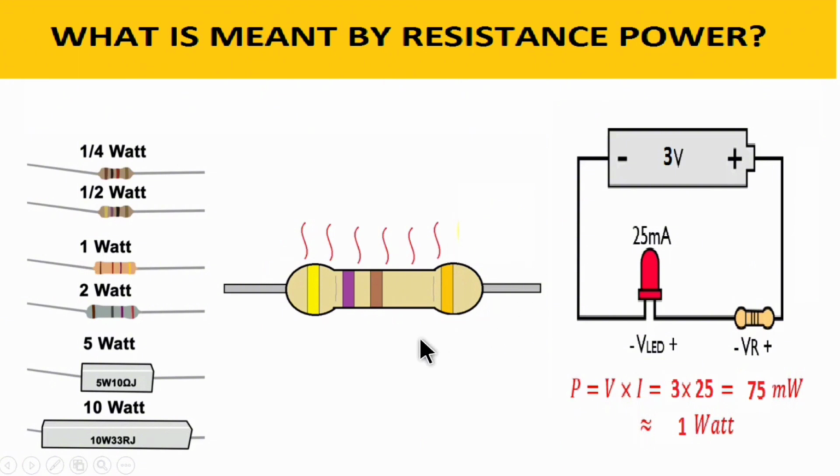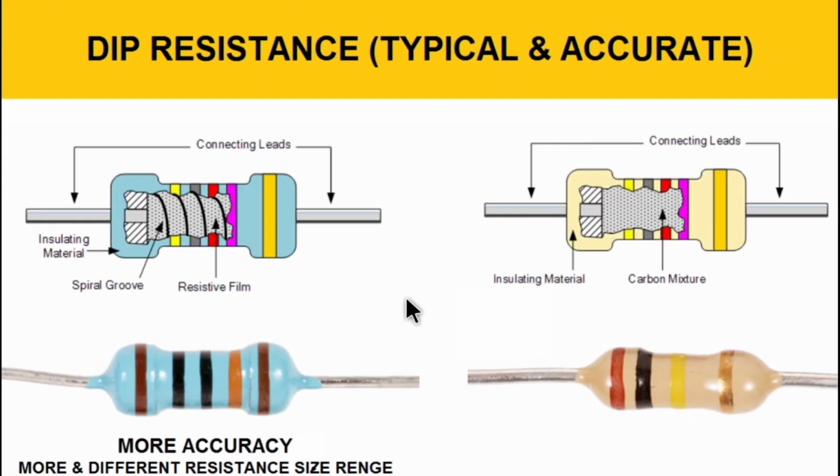The point is that for the circuit that we want, for example, 1 watt, if we put a resistor of 1/8 of a watt, when the circuit is turned on, this resistor will get so hot that it will be burned.